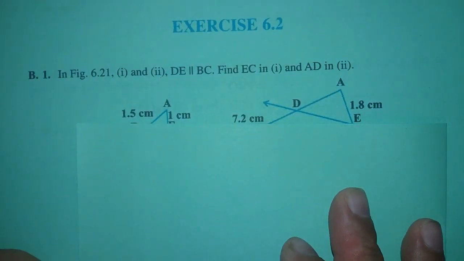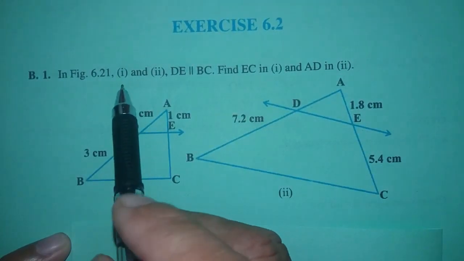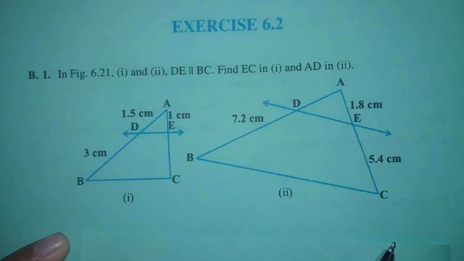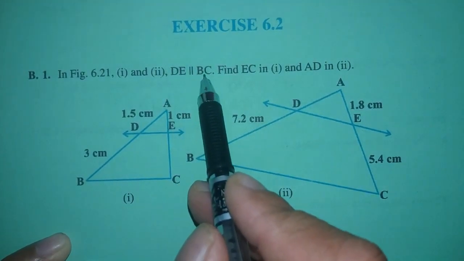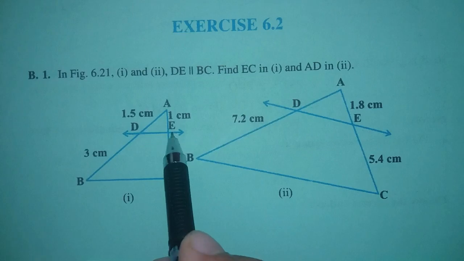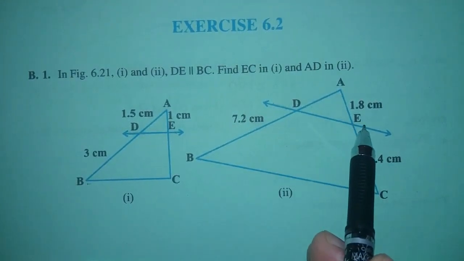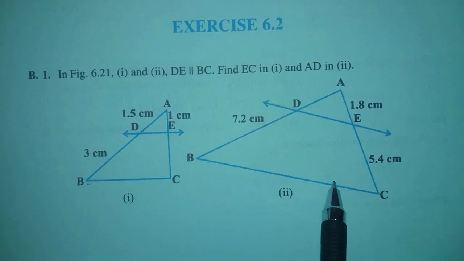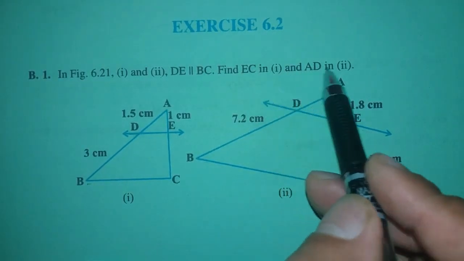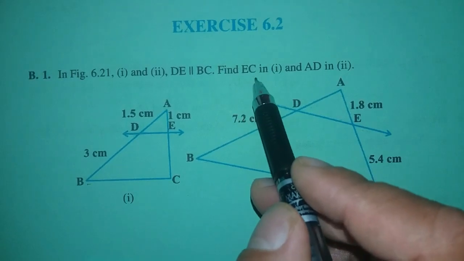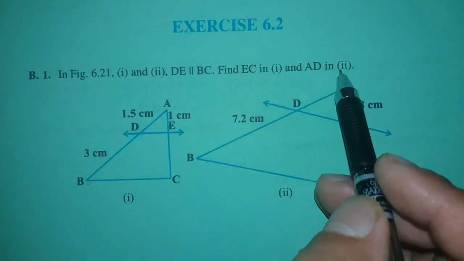Now let's see question number 1. In the figures 1 and 2, DE is parallel to BC. This line DE is parallel to BC here, and here also DE is parallel to BC. Find EC in 1 and AD in 2.